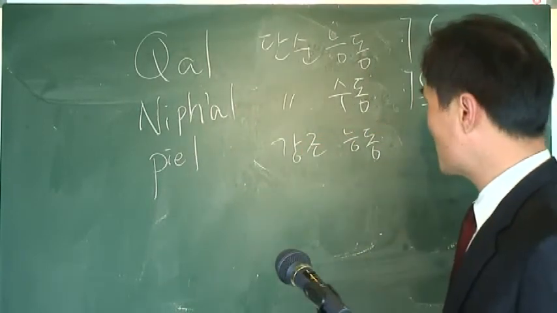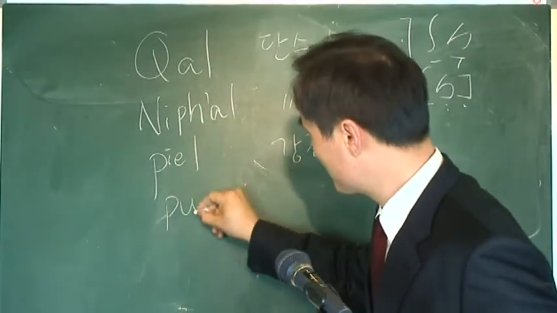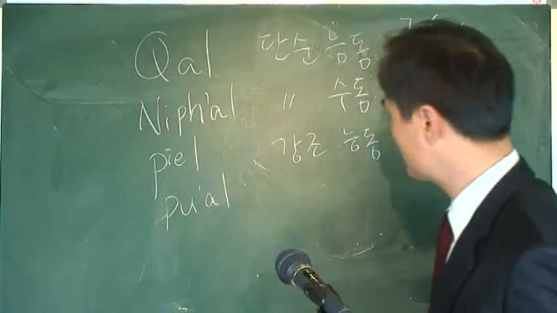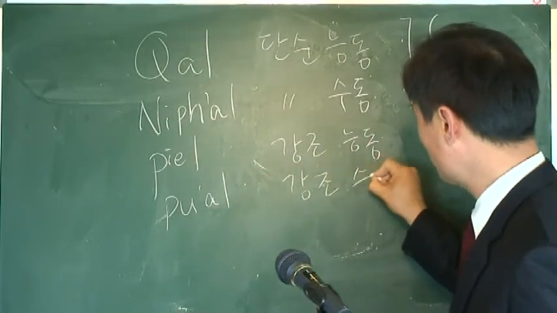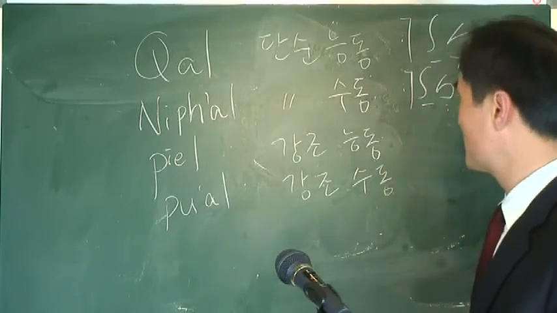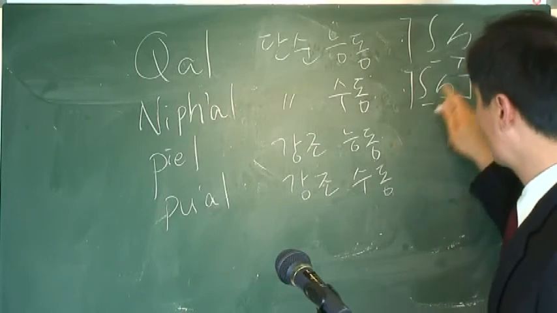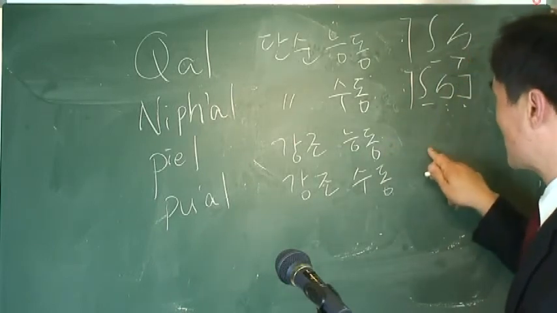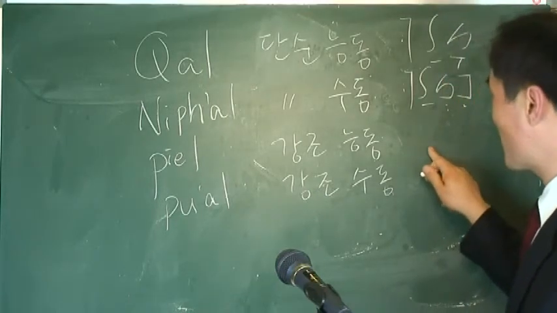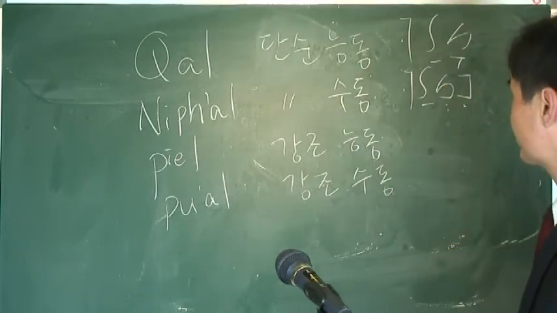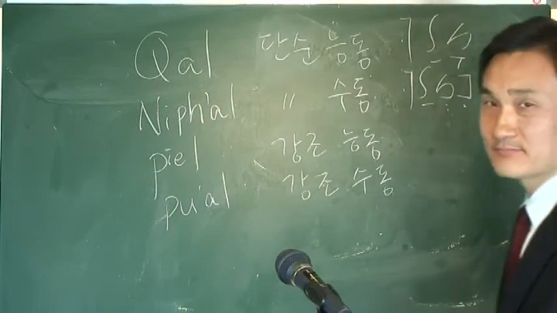It's the active, intensive voice. There is also something called the pual stem. This is a passive, intensive voice. It can be interpreted as he was ruled thoroughly or brutally, and this intensifies a meaning.